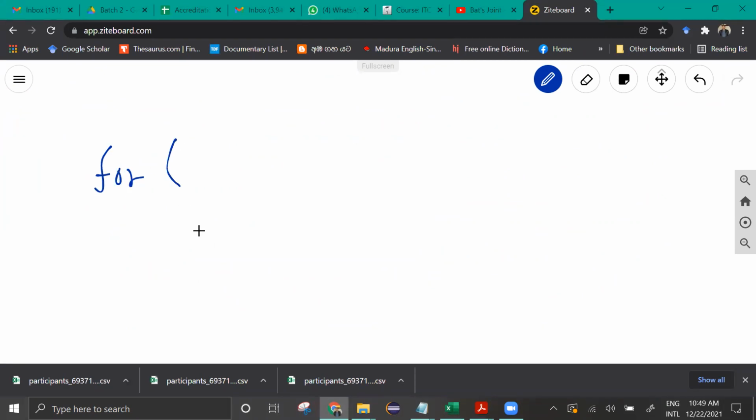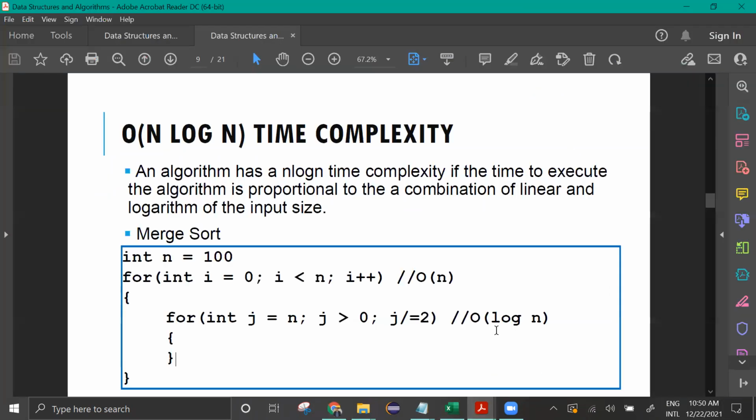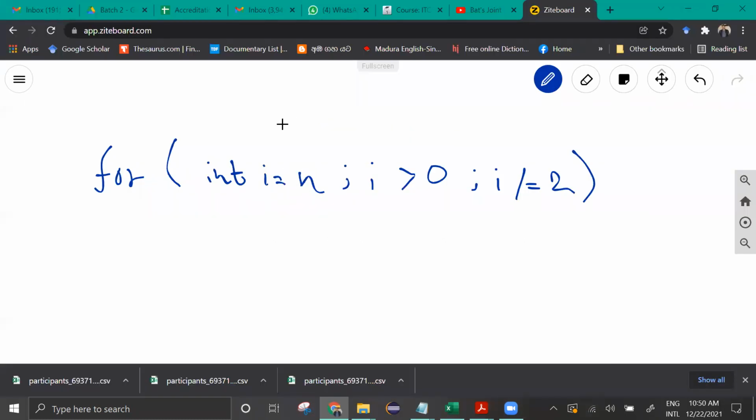Suppose we have a loop. I starts with n.